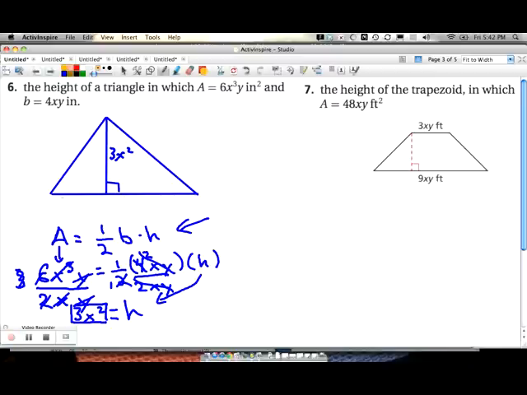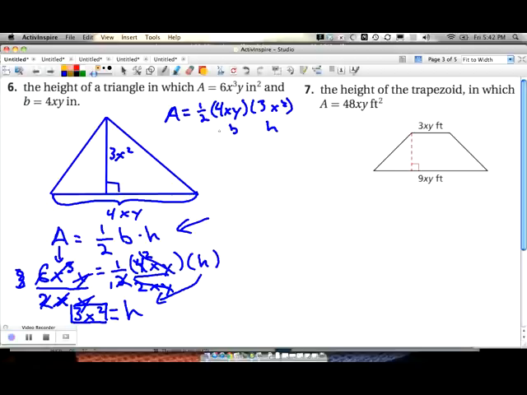Now if I wanted to check my answer, here's what I could also do. Knowing that the base is 4xy and the height is 3x squared, I would see that the area equals 1/2 the base times the height. And the base is 4xy, the height is 3x squared.